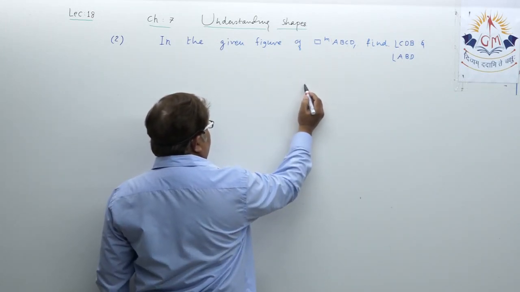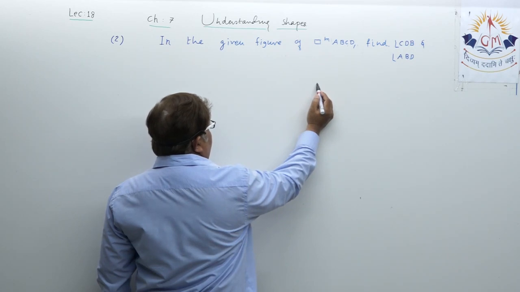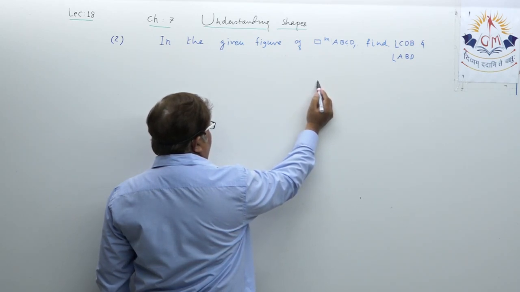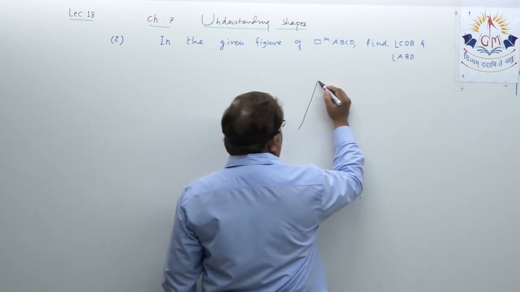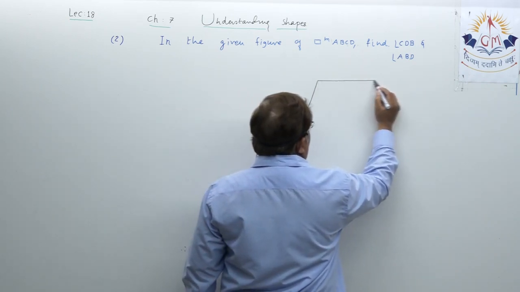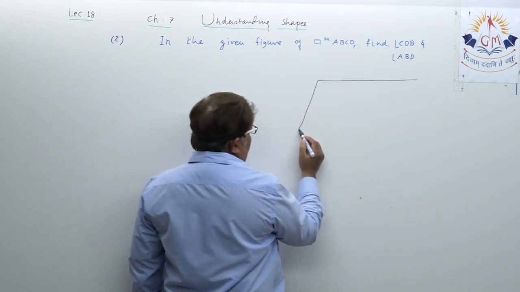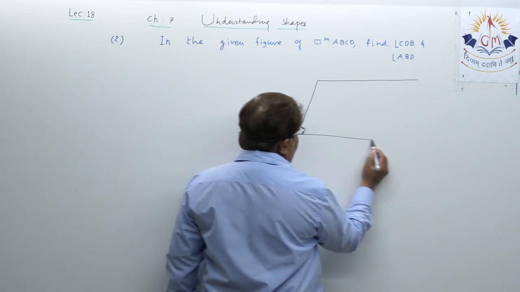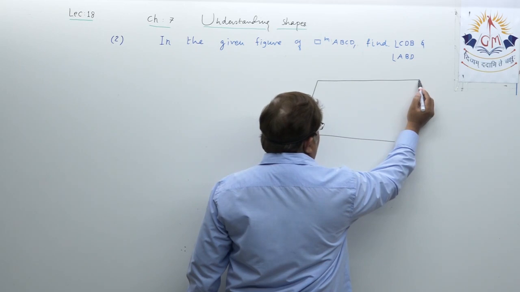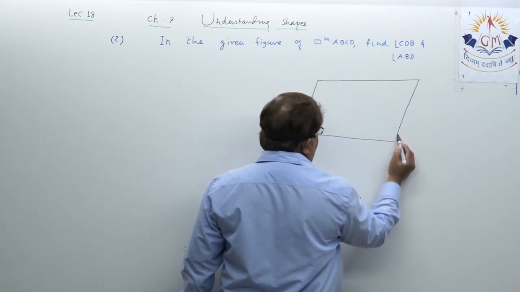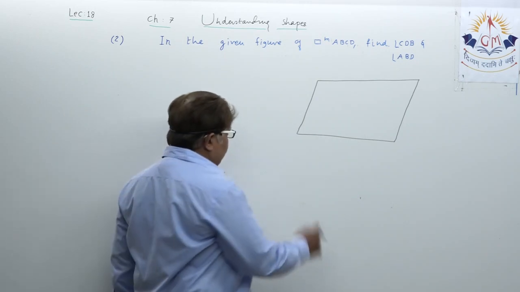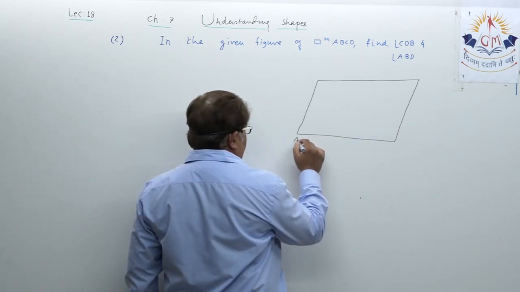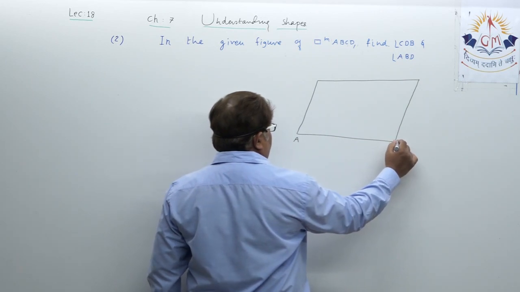first, because it is mentioned parallelogram. Let us draw parallelogram. In this parallelogram, they have given the name, and I like to give the name in the same way they have given.